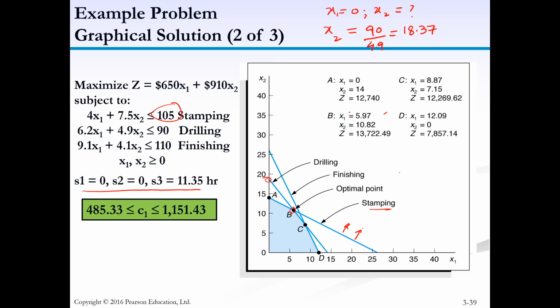All right, and this point now we just plug in this value in the first constraint, the stamping constraint. So we have 4 into 0, x1 is equal to 0, plus 7.5 into x2, which is 18.37, and this will give us Q1 maximum.